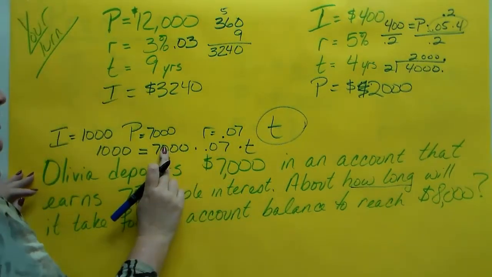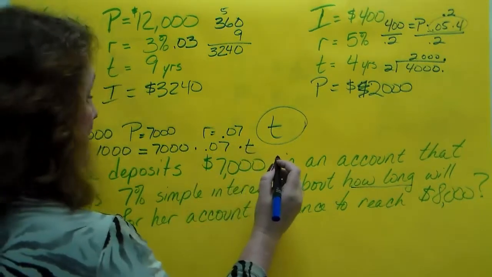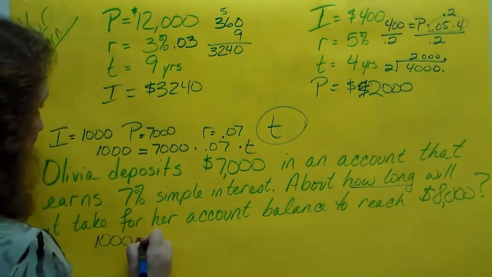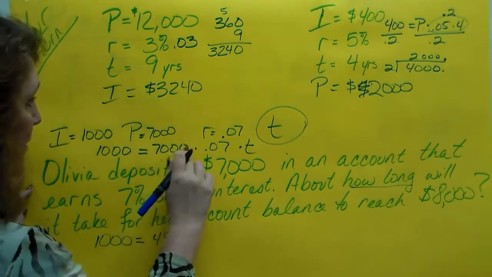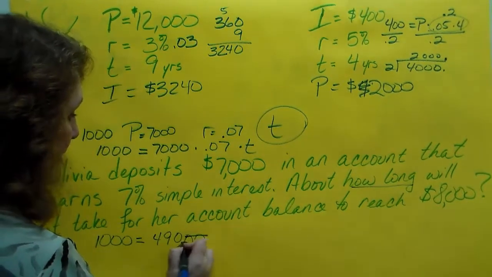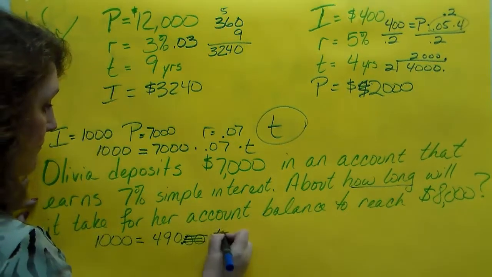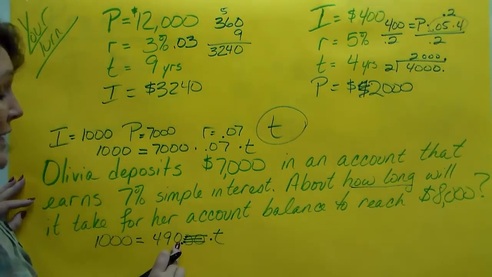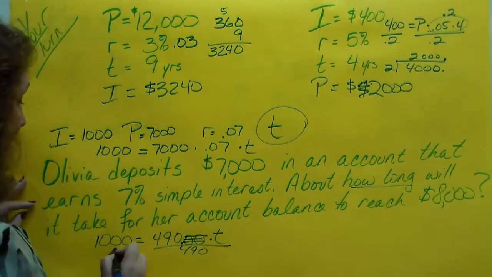So I'm going to multiply these two together. 7 times 7 is 49. So 1,000 equals, 7 times 7 is 49 with 3 zeros and 2 decimal points times t. So I have 490 multiplied to my t. I'm going to divide each side by 490.